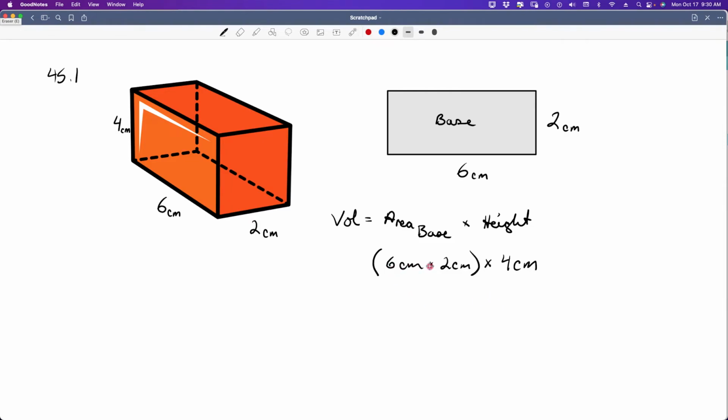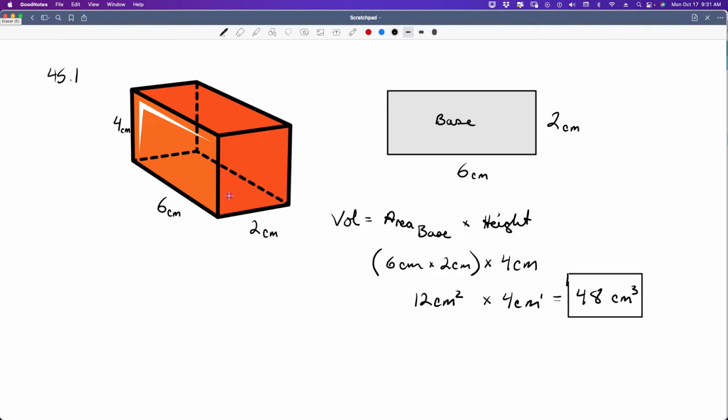Okay, 6 times 2 is 12. So that's going to be 12 centimeters squared times 4 centimeters for the height. 12 times 4 is equal to 48. And centimeters squared times centimeters once, 2 plus 1 is going to be 3. So 48 centimeters cubed is the answer to this volume problem.